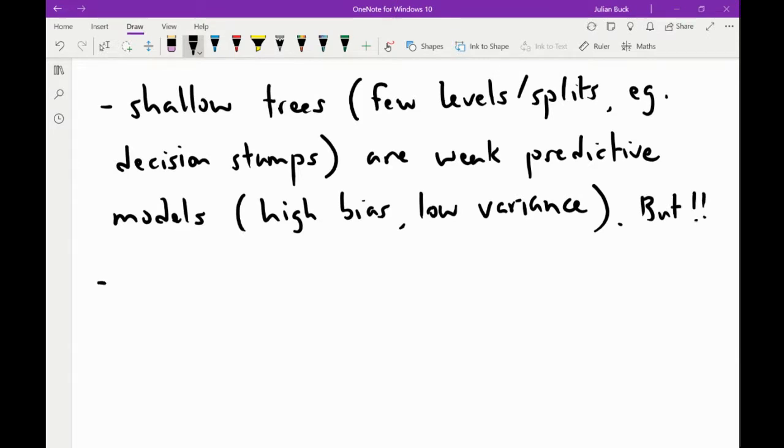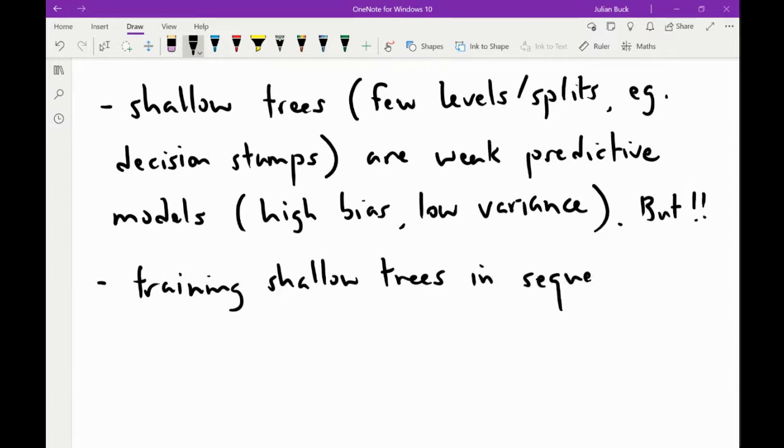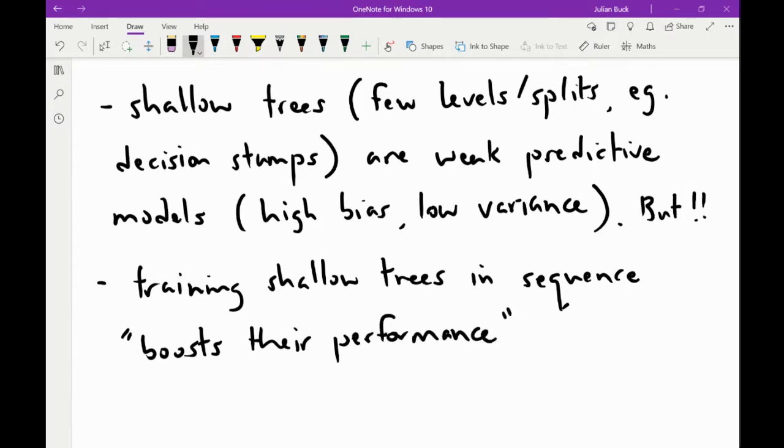So this is where the sequential idea comes into play. Training shallow trees in sequence, where one learns from the previous one, boosts their performance. So even though a shallow tree is a weak model, if it's learned off of previous shallow trees, it's better than if it's just starting from scratch. Okay.